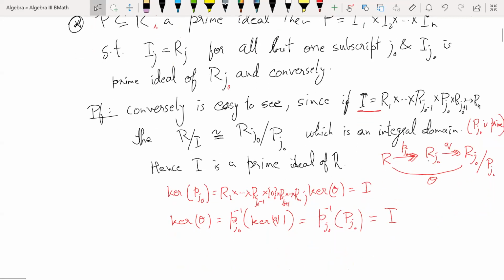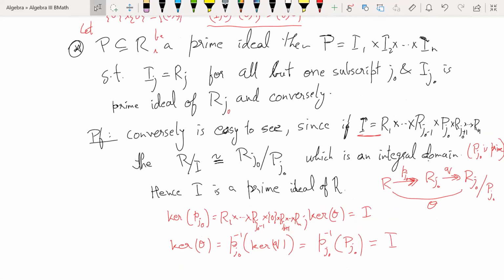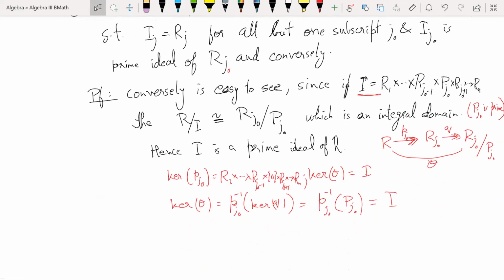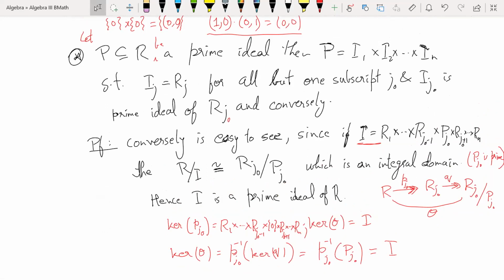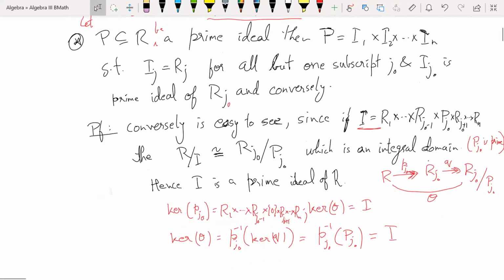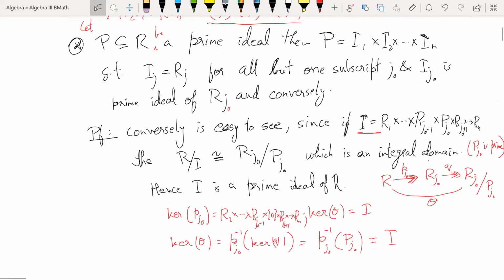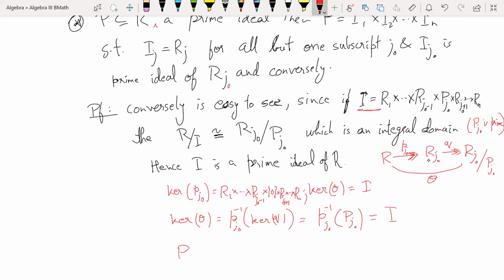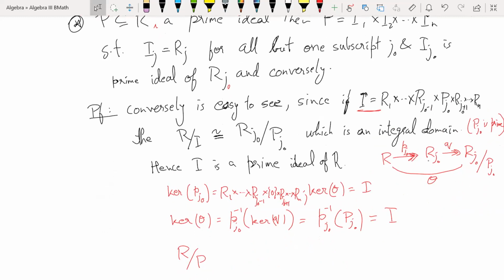And for the forward direction, that is, every prime ideal has to look like this, that's also not the same level of complexity. Of course, if P is a prime ideal, it has to look like this. Now, what does R mod P look like? Okay, so the forward direction, not the converse part, but the main part.